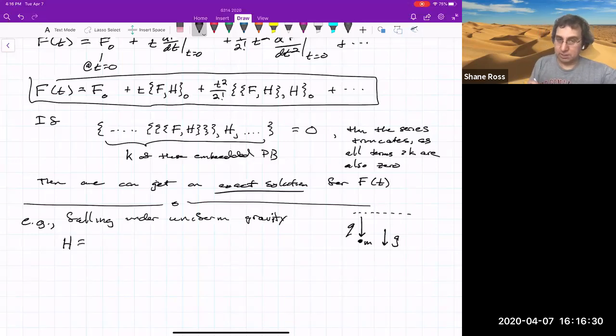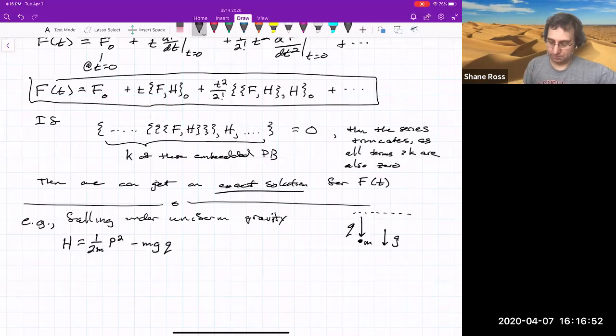So the Hamiltonian for this is kinetic plus potential. What did I write before? It's 1 over 2m times p squared. And then because we're measuring downward, plus potential energy due to gravity is actually minus mgq.